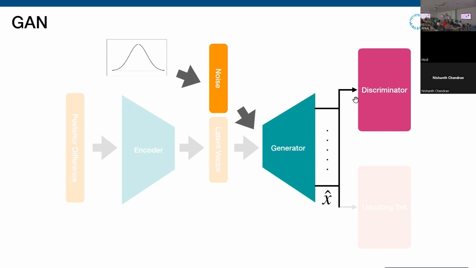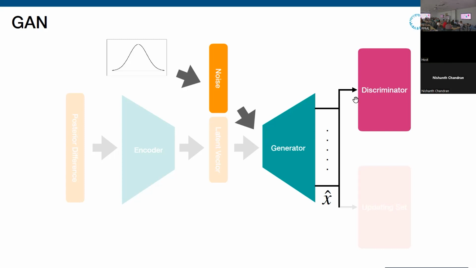You throw it in, and it generates images. The goal of the generator is to generate images as real as possible. The goal of the discriminator is to make sure that every image generated by the generator, I can tell is fake. So these two are competing against each other.